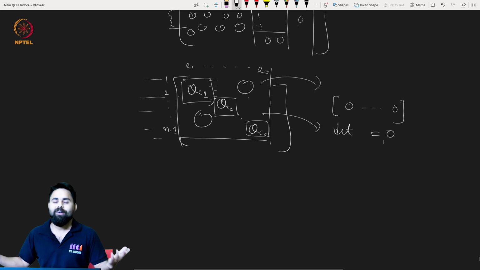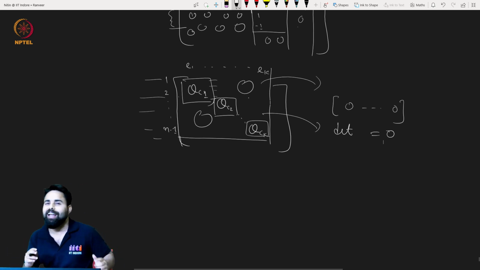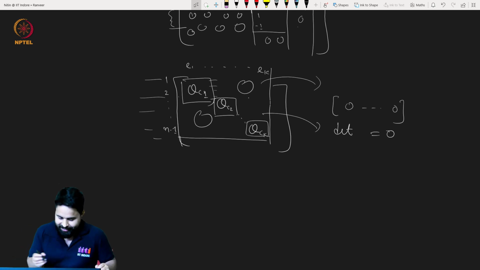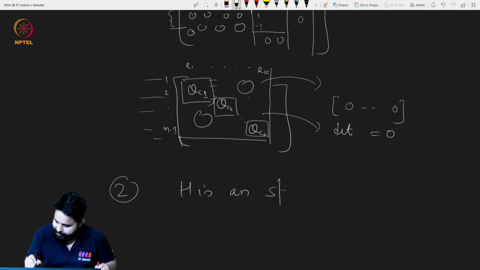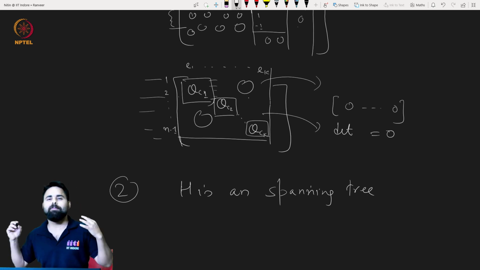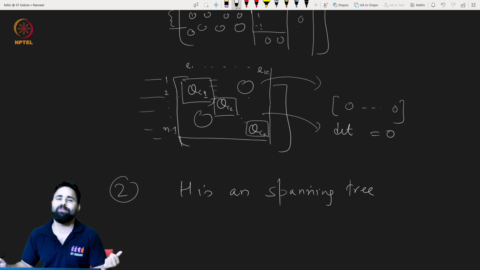Now the trickiest part is the case when H is forming a spanning tree. So the second case is H is a spanning tree. In that case the determinant will be either +1 or -1.